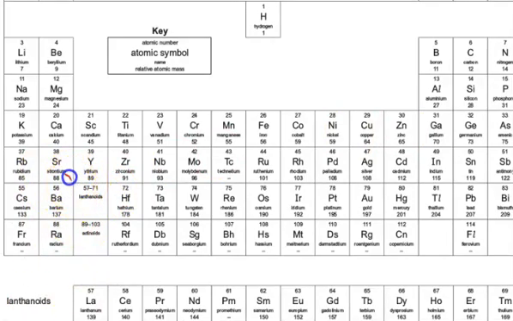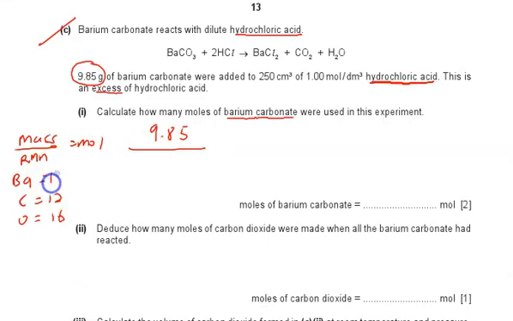So back to the question: 137 plus 12 plus 48, which is 16 multiplied by 3 because we have 3 oxygen. Adding all together we get about 197.